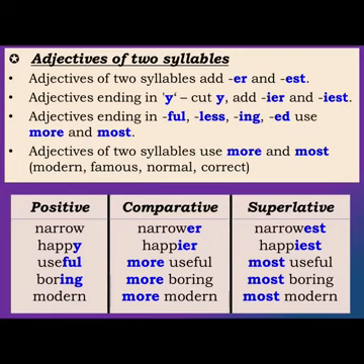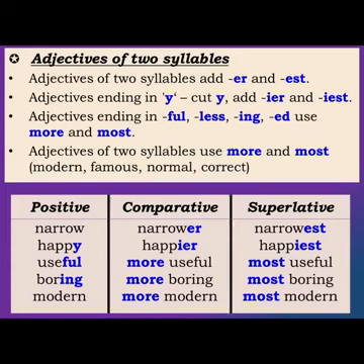Now we'll see some of the adjectives ending in full, less, ing, add. At that time we cannot use suffix er and est in comparative and superlative because it becomes very absurd. So we can write more and most in comparative and superlative degree. Let's take some example. The adjective useful is given in positive degree, which becomes more useful in comparative and the most useful in superlative.